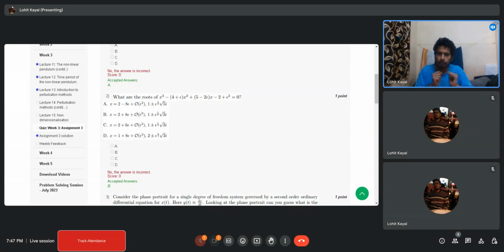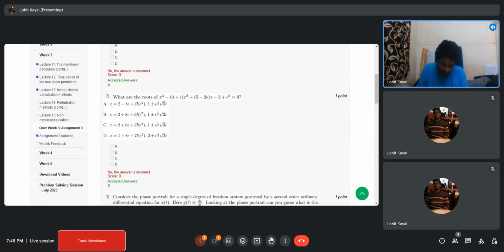So how to find a base state solution? To find a base state solution, you just need to put epsilon equal to 0. So if you put epsilon equal to 0, what will you get? You will get the equation x cube minus 4x square plus 5x minus 2 equal to 0. Sorry, this is your base state equation, not solution.